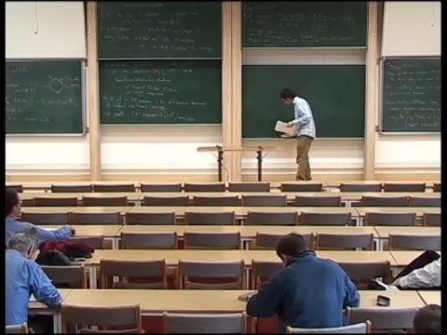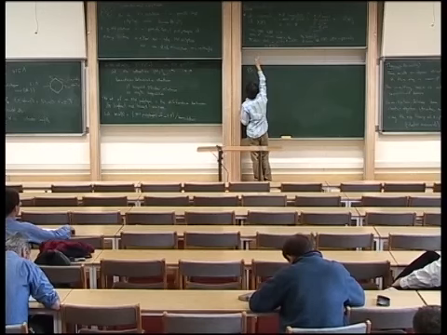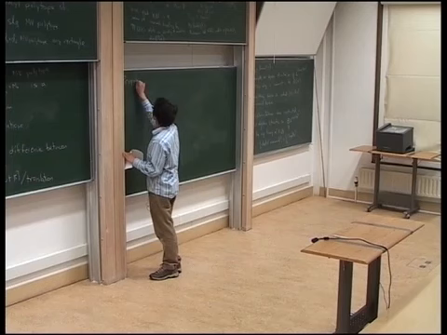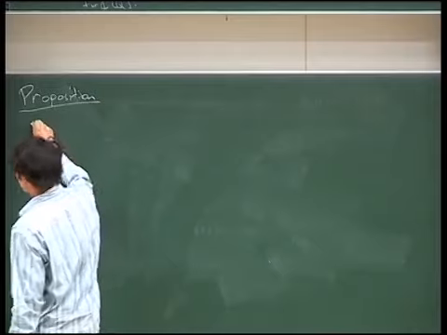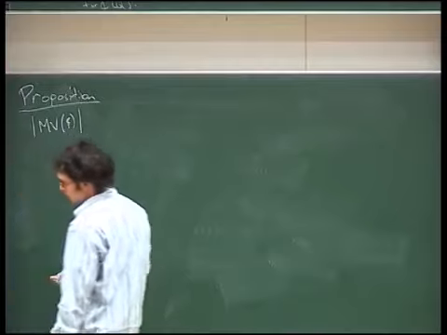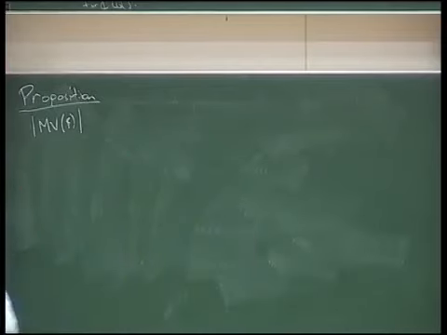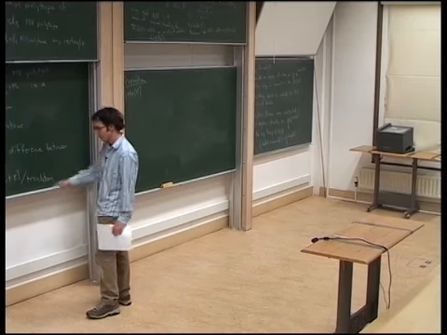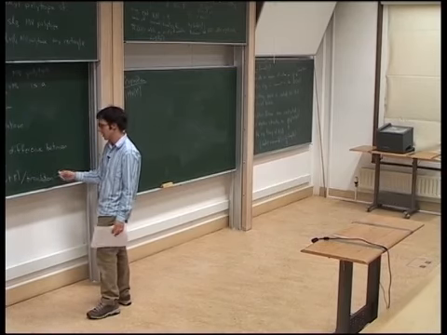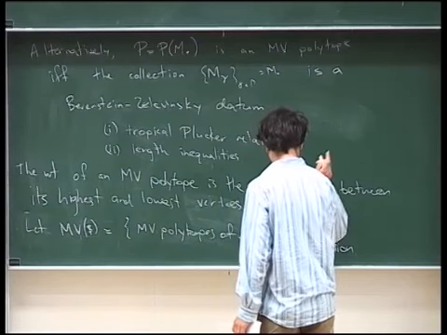Now, we have the following fact analogous to this fact, which is that the number of MV polytopes of weight beta, modulo this translation. This weight will always be, and it's not completely obvious, in our set lambda pos.